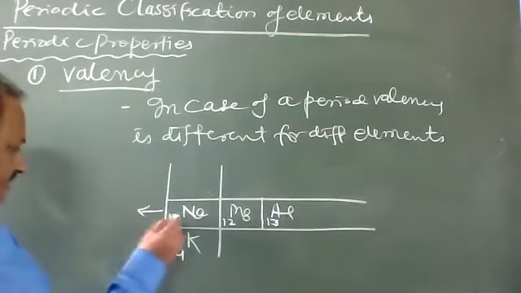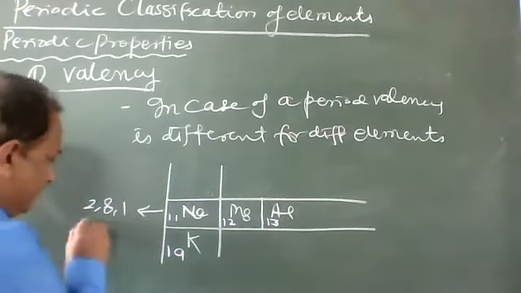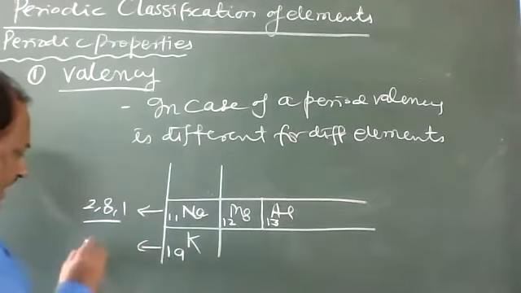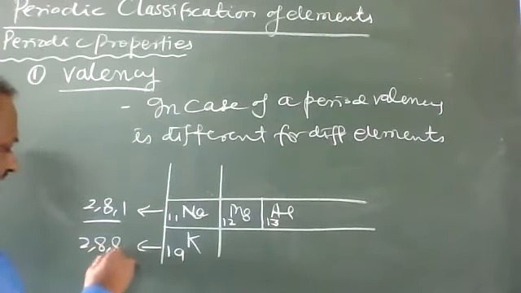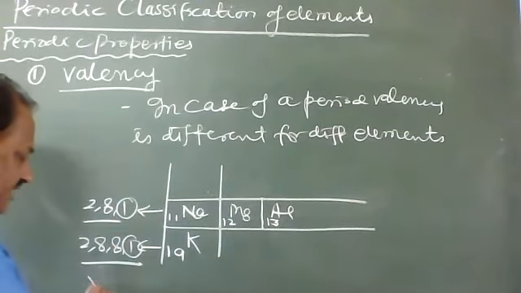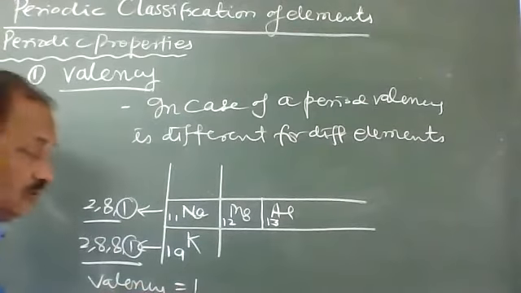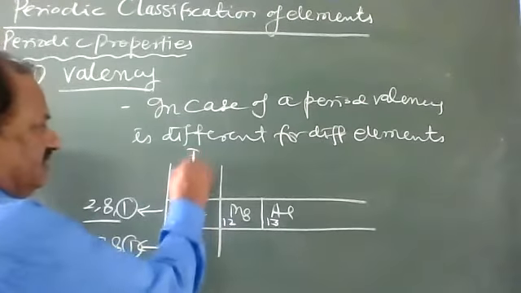So here for 11, it is 2, 8 and 1. Here in the case of 19, it is 2, 8, 8 and 1. So what is common? That the valency is equal to 1. So this is which group? This is the first group.